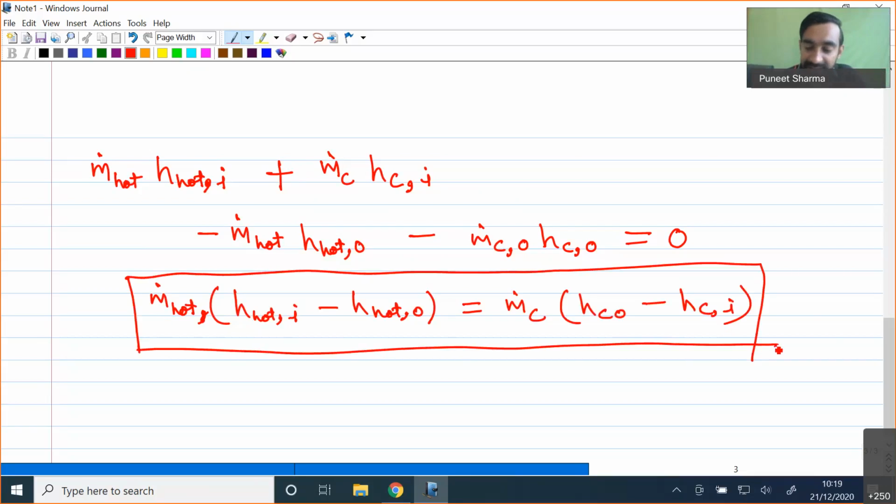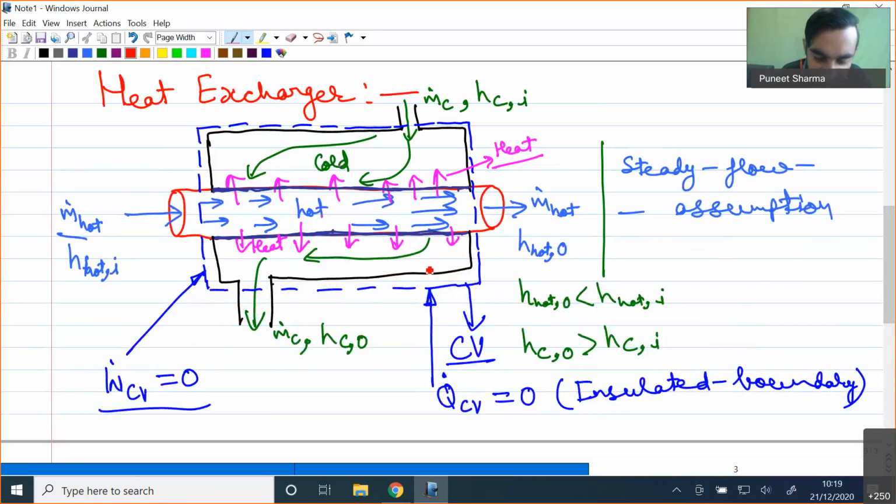In case of heat exchanger, because we are considering our control volume boundary outside the heat interaction zone, whatever the heat interaction is taking place, that is within the control volume.